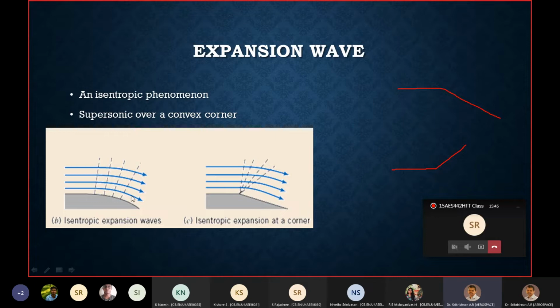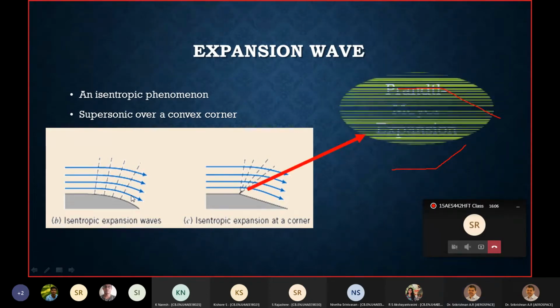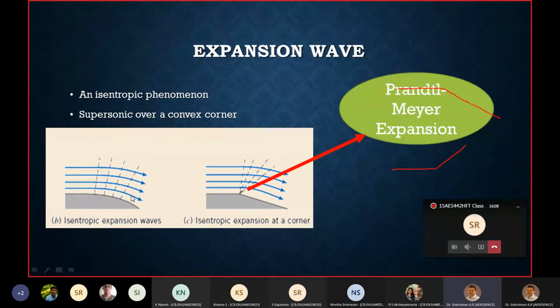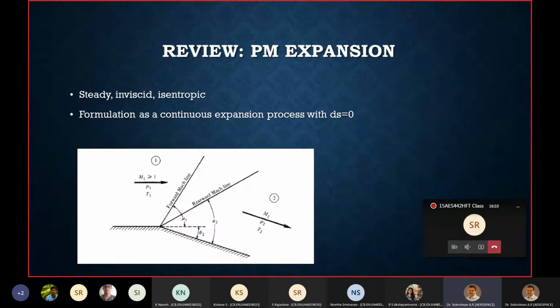So basically, they can be approximated as a series of subsequent Mach waves, infinitesimally small pressure waves through which the expansion happens. Unlike an oblique shock, this does not entail an increase in entropy. This is a gradual process. It's an expansion process. And this is what we call Prandtl-Meyer expansion.